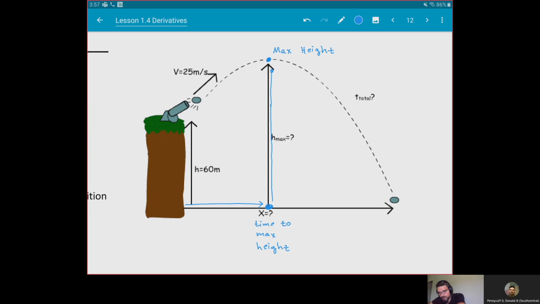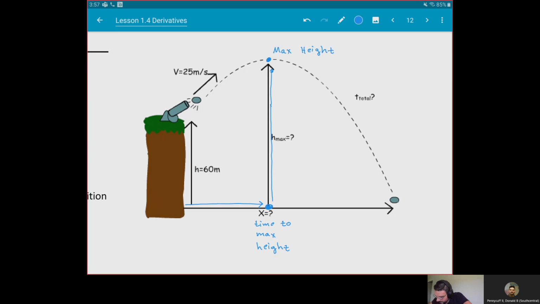We'll talk about using derivatives to find not just the maximum height, but other maximums as well. And you did a little bit of this in Calculus 1 with optimization problems, where you're using the derivative to find the maximum amount that you can get out of what you have.